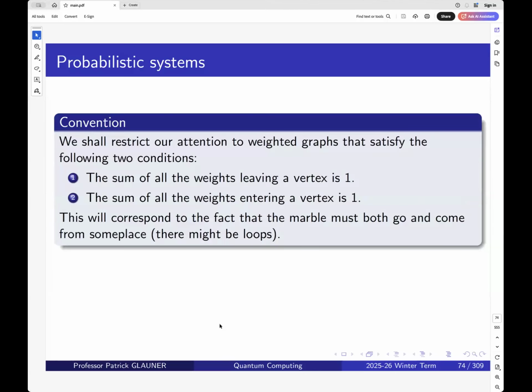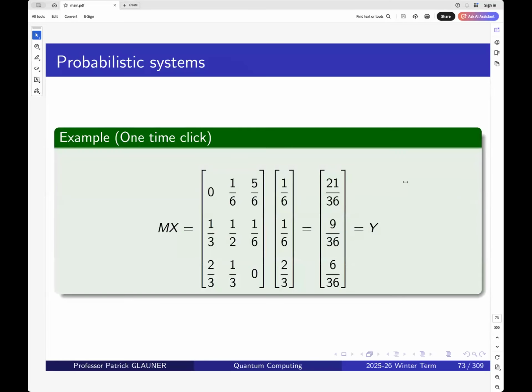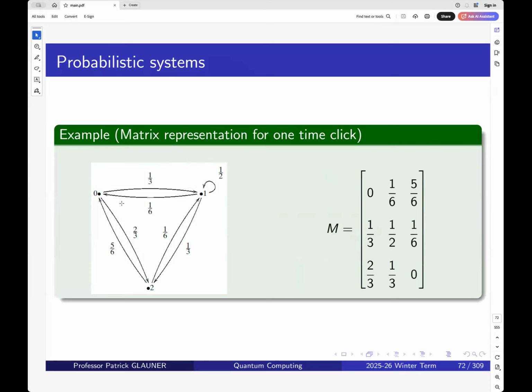Now, in order to deal with proper probabilistic systems, we have two constraints. We say the sum of all the weights leaving a vertex is 1, and the sum of all the weights entering a vertex is 1. And that's something we saw here.